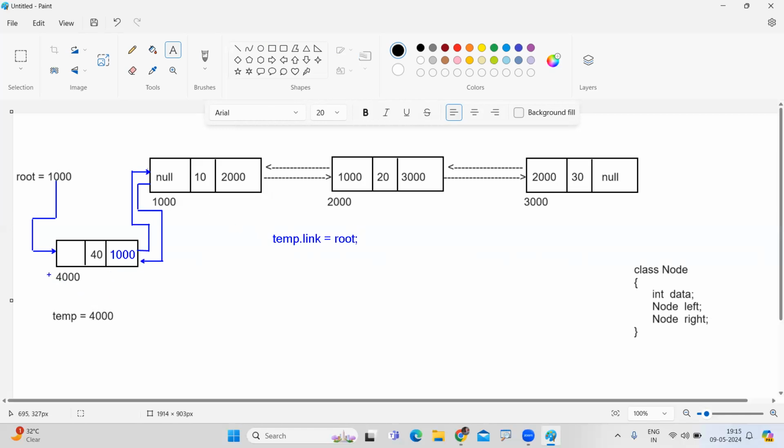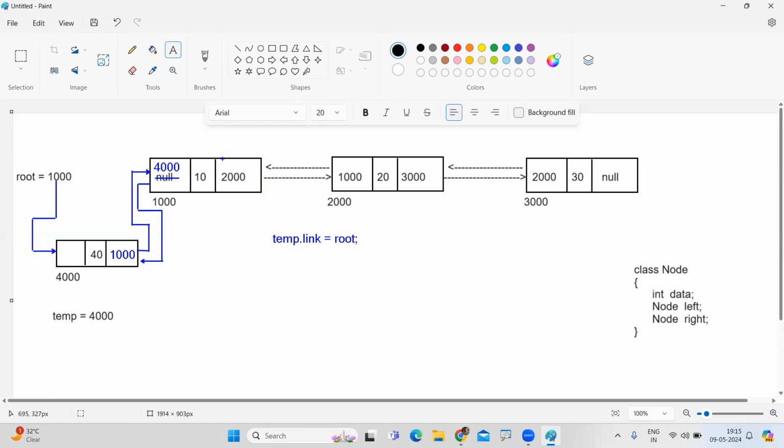Now this 4000 you have to store here. But very, very important. Suppose if a node is not there, consider that root is null.